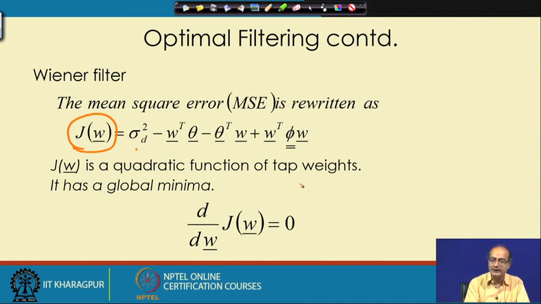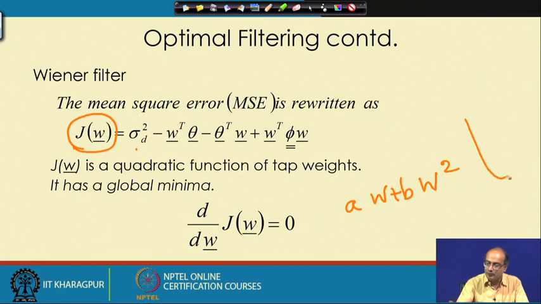If the tap weight dimension is 1, it involves only W square and W. So, it is a function of the form A W plus B W square. Okay. So, it would be a parabolic function, a parabola and a straight line, a combination of that.